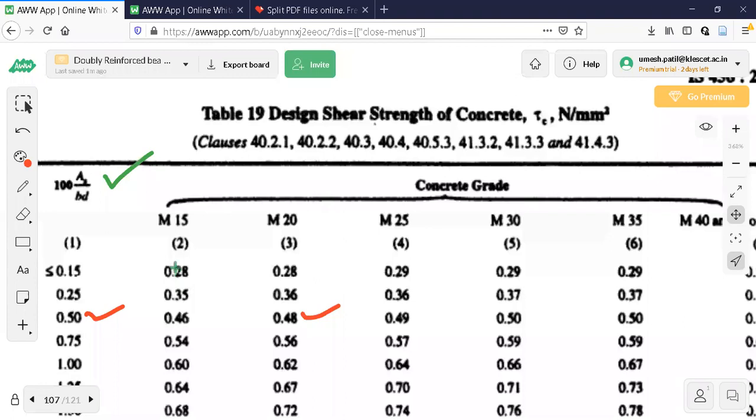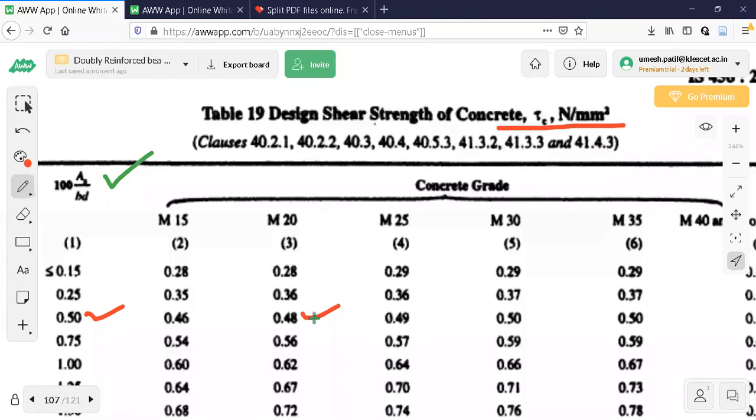So once again, I'll repeat, observe here. In a given problem, I calculated 100 AST by BD. From that one, I observed that it is 0.5. And in the problem, M20 is given. So 0.5, you move like this. Then under M20, it is 0.48. So this is the tau C value in Newton per mm square. Tau C is equal to 0.48.